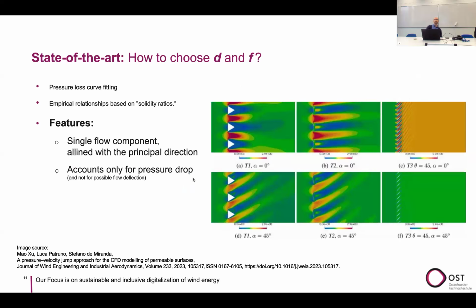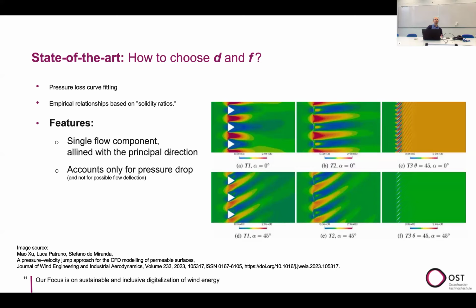The problem with both of these methods is that they look only at a single flow component. So they consider that the flow is coming into the screen orthogonally, there is some pressure before the screen and after, and then we get the one resistance coefficient, but we don't know how to set the other resistance coefficients.